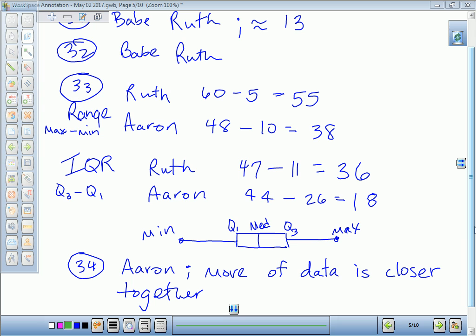So Babe Ruth's max looks to be close to 60, and Hank Aaron's max looks to be about 47, 48. And so if you find the difference in those maximum values, I did the difference in that, but then I did the difference in the mins because Babe Ruth's min is before Hank Aaron's min. So I added that 7 to the 13. That's why I got 20.